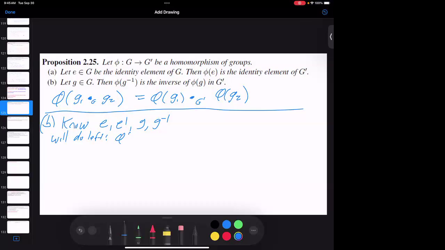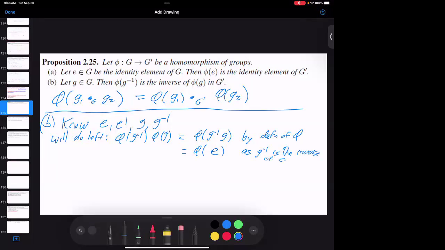So what is phi of G inverse times phi of G? That's phi of G inverse G by definition of phi, because phi is a group homomorphism. But what is G inverse times G? E. It's the identity element on the group G, as G inverse is the inverse of G. And then what is phi of E?